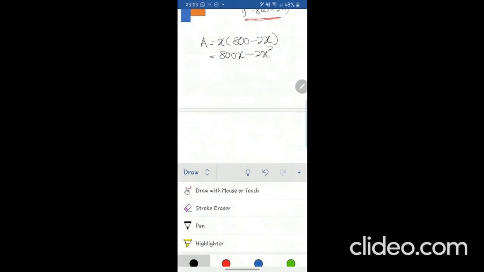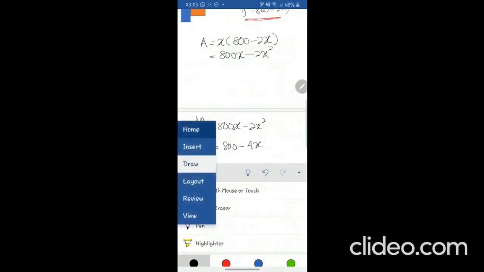So let's differentiate this. dA over dx equal to 800x minus 2x square, so we will get 800 minus 4x, like that.